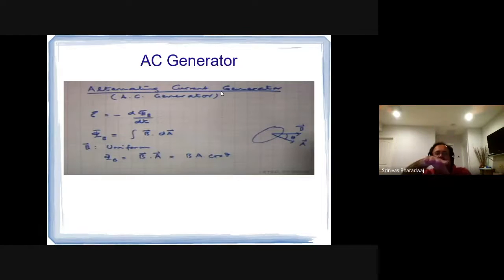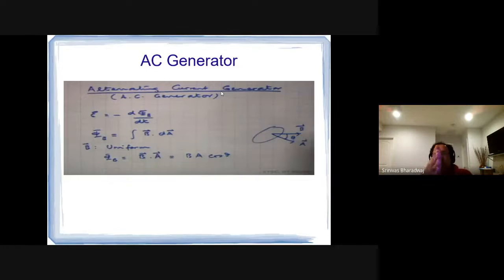So it is the direction, the cos theta, that is changing. The A is like this, the B is like this, so theta is 90 degrees. Cos 90 is 0, right? B and A are perpendicular to each other, therefore the dot product is 0. The flux is 0 when B is like this and A is like this. A, remember, is perpendicular to the plane of the loop.